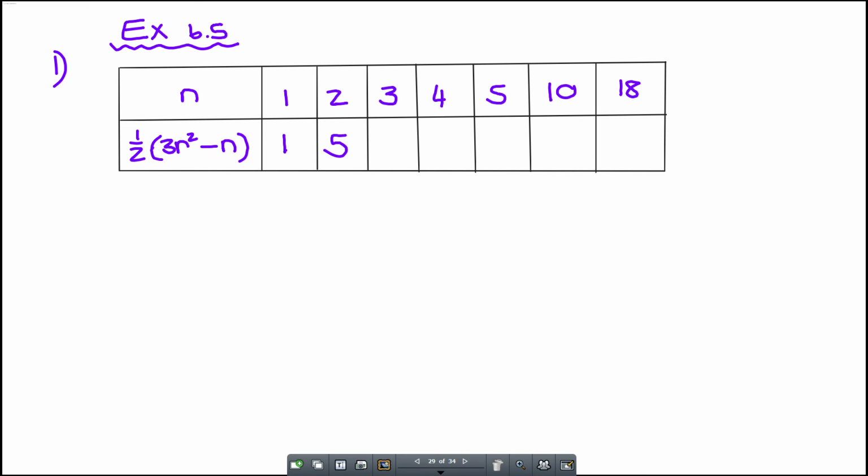Okay, so pattern 1 actually had 1 dot, right? Pattern 2 had 5 dots. How many dots did pattern 3 have? 12.